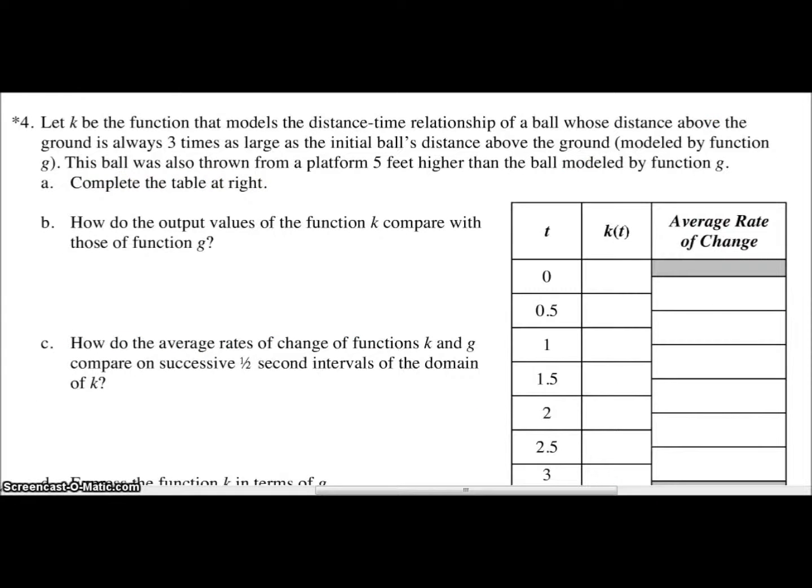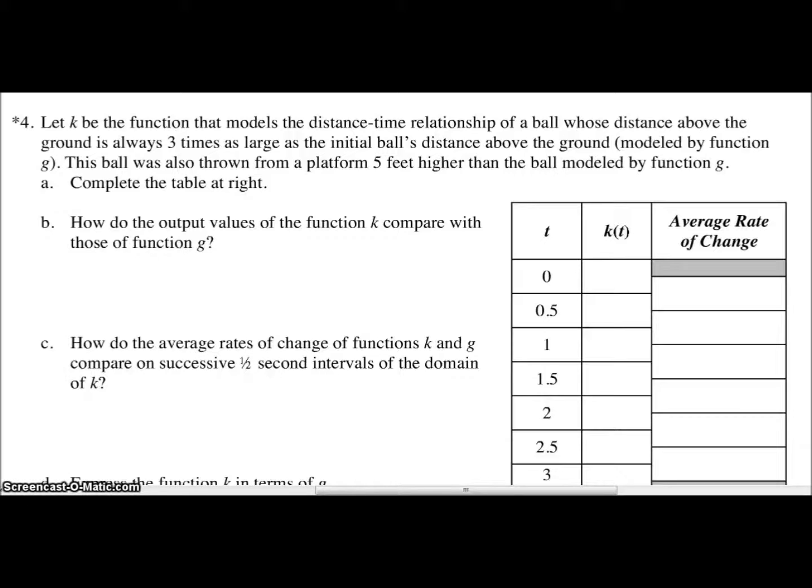Number 4, let k be the function that models the distance-time relationship of a ball whose distance above the ground is always 3 times as large as the initial ball's distance above the ground. This ball was also thrown from a platform 5 feet higher than the ball modeled by function g.